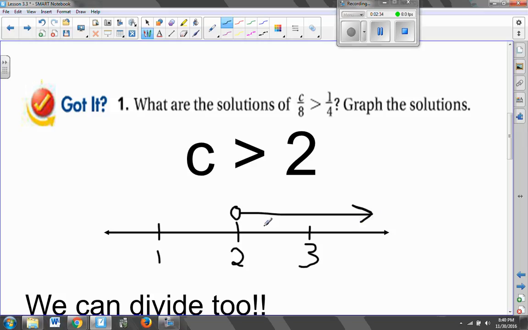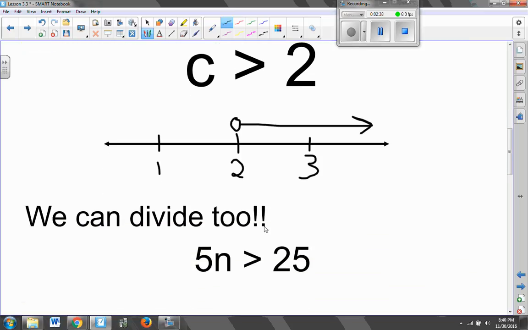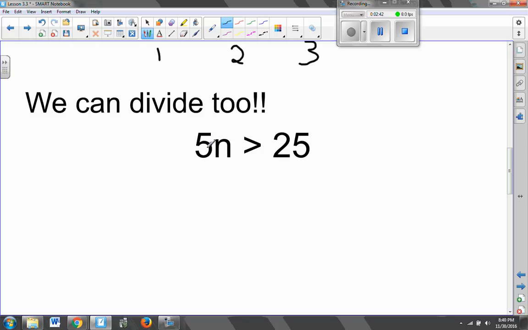Now we can also divide. We can divide away a number that's attached to a variable to get the variable all by itself. For example, if I'm trying to solve the inequality 5n is greater than 25, sorry, let's do greater than or equal to 25. 5n is greater than or equal to 25. To get n by itself, I have to undo multiplying by 5, so I will divide both sides by 5, just like I used to do in Chapter 2.